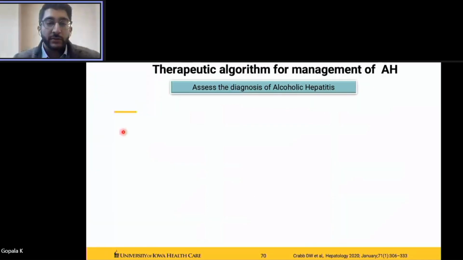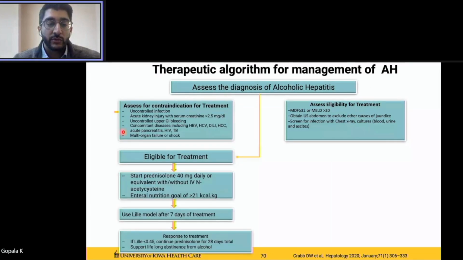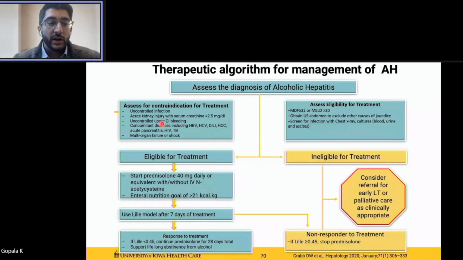So the treatment algorithm for alcoholic hepatitis is to, again, assess for contraindications to treatment: uncontrolled infection, that's one; AKI with creatinine greater than 2.5; uncontrolled GI bleed; other diseases that could be contributing; or shock or multi-organ failure.